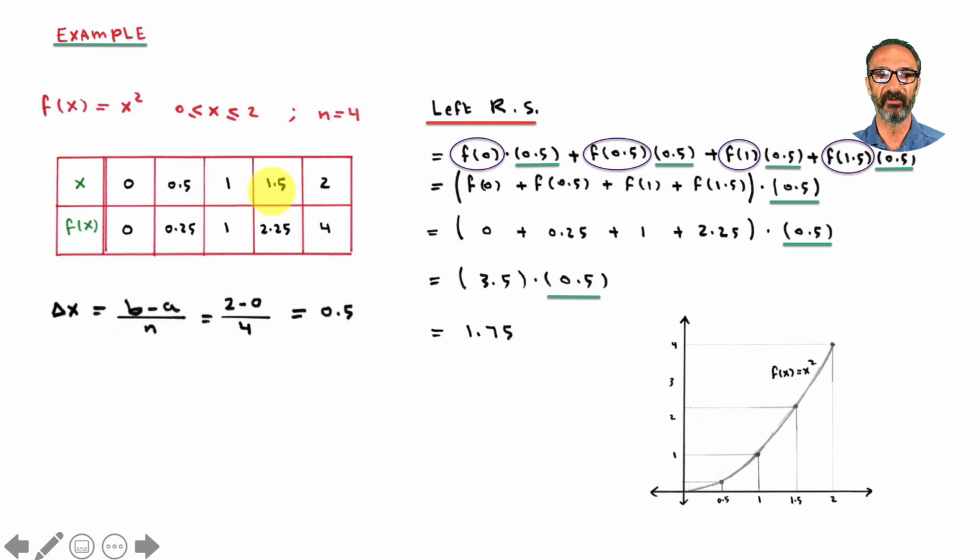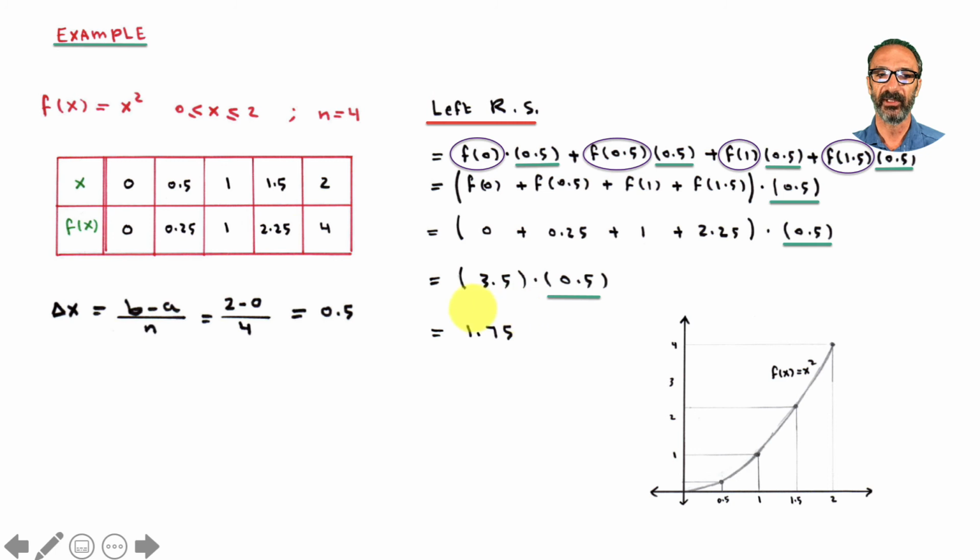I did not use 2, because 2 cannot be my left in any way. I'm using left. F of 0, f of 0.5, f of 1, f of 1.5, which is 2.25.